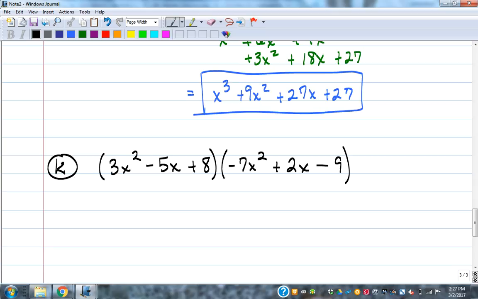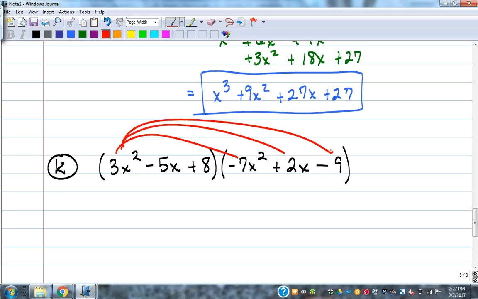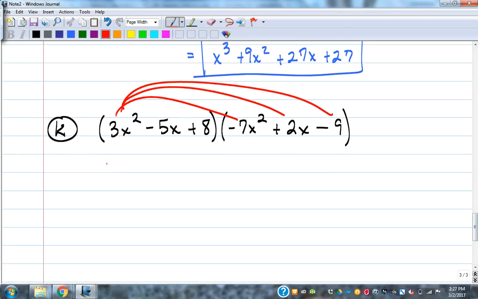So what do we do? Distribute. That's all this is, the distributive property. We just have to do it 3 times because the first parenthesis has 3 pieces to it. So we're going to distribute the first piece to all 3 of the second piece. 3 times negative 7 is negative 21, x to the what? 4th.